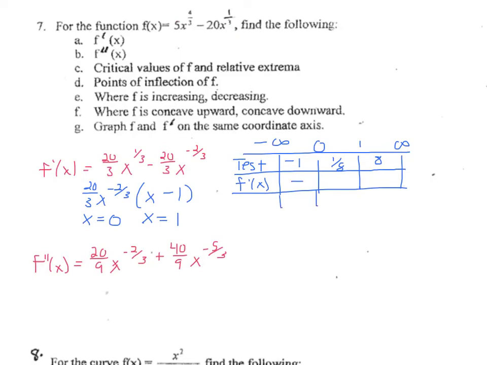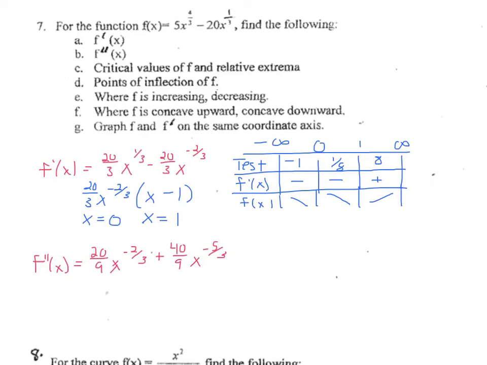I'll be decreasing. And if I plug in 1/8, I will get a positive and a negative, so I will also be decreasing. And if I plug in an 8, I will get a positive and a positive, so I will be increasing.